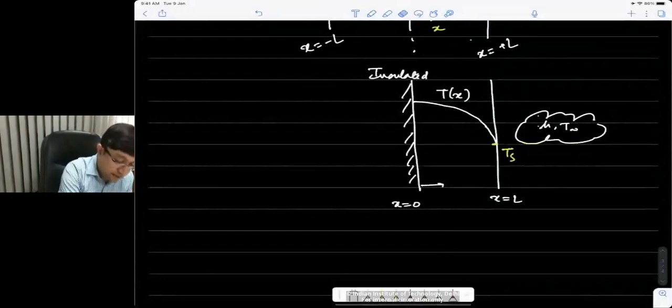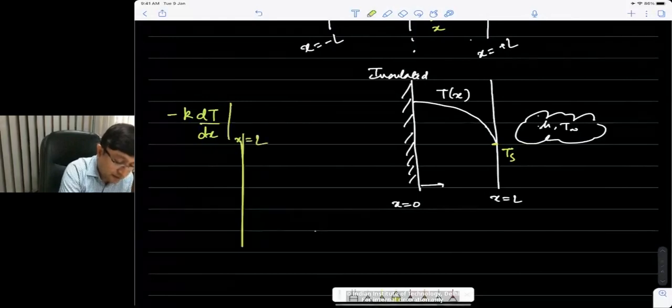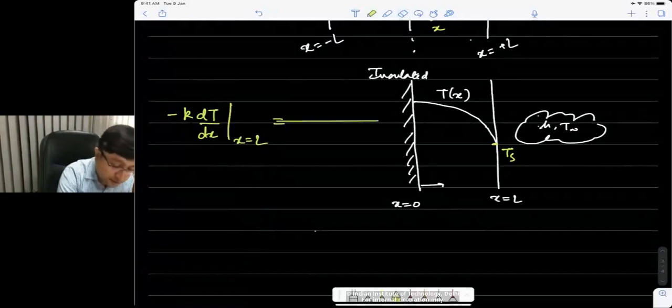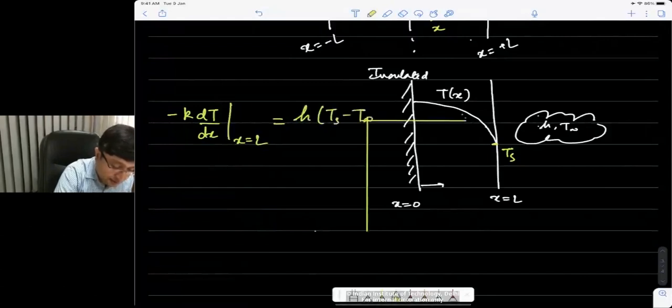So we can say minus k dT/dx at x equal to L would be the flux leaving, or would be the convective flux at the surface. So that becomes h times (Ts minus T infinity).